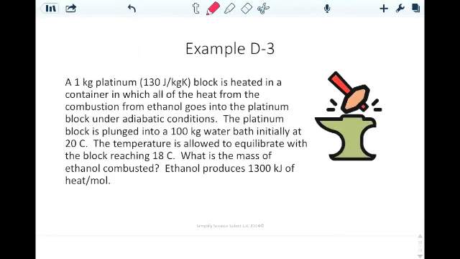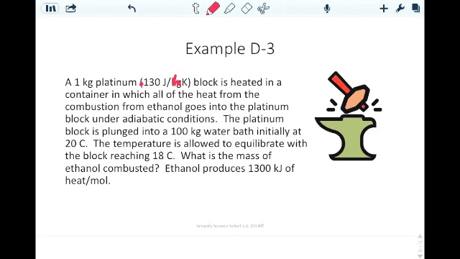And our last example, it says a 1 kilogram platinum block, and it gives us the specific heat. We'll change it to grams, so it's just 0.130. The block is heated in a container in which all of the heat from the combustion of ethanol goes into a platinum block under adiabatic conditions.